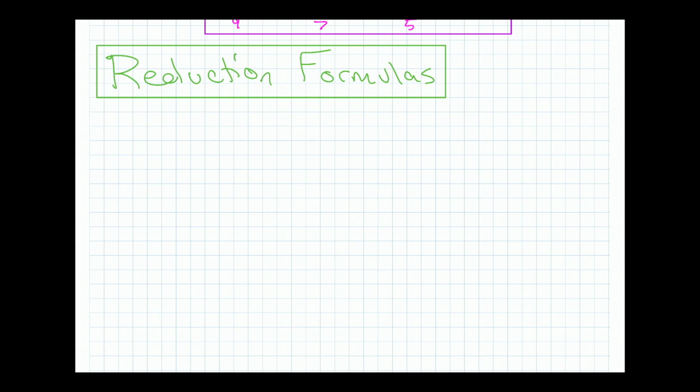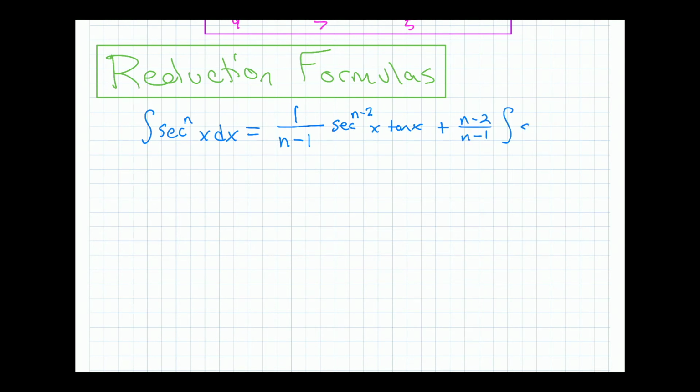So here they are. There's one for tangent and one for secant. So here's the one for secant. The integral of secant to the n x dx equals 1 over n minus 1 secant to the n minus 2 x tangent x plus n minus 2 over n minus 1 times the integral of secant to the n minus 2 x dx.